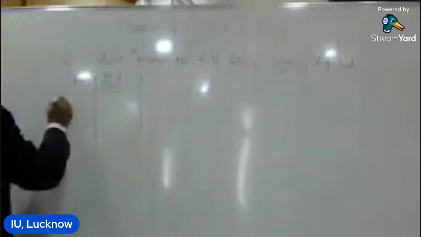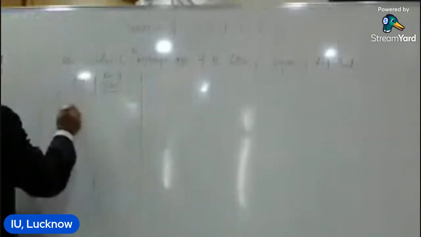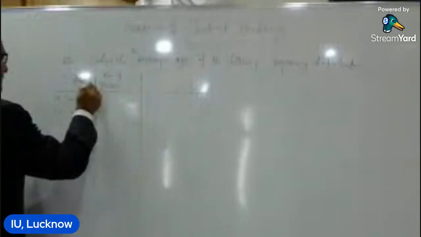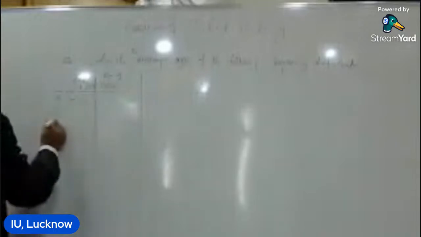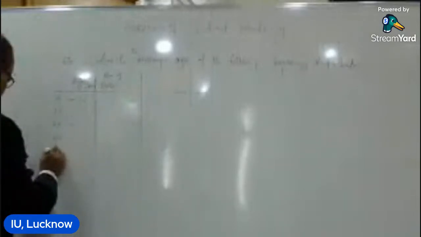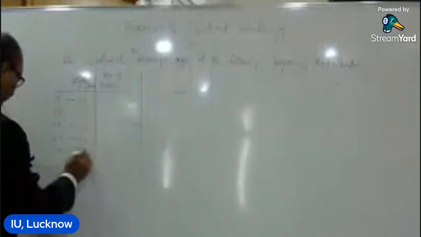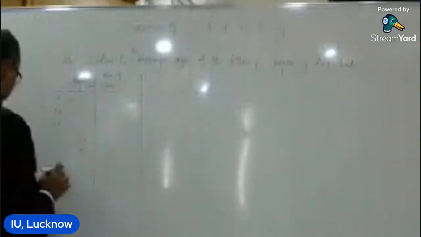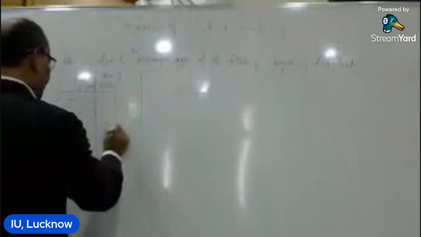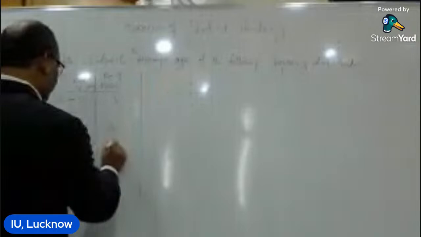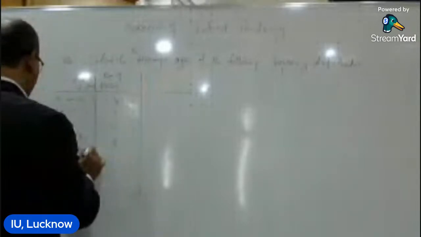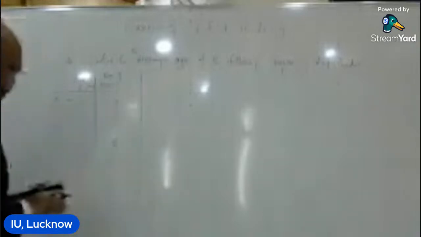The class intervals are 0 to 10, 10 to 20, the unit of age is years, 20 to 30, 30 to 40, 40 to 50, and the number of persons 4, 7, 10, 8.